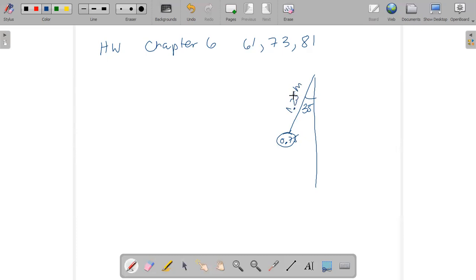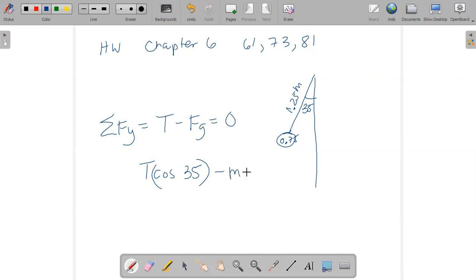So we'll use the sum of the forces in the y. Sum of the forces in the y equals the tension minus the force of gravity equals 0 because it's not going anywhere in the y direction. So T cos 35 minus mg equals 0.